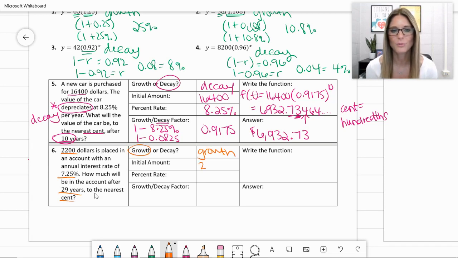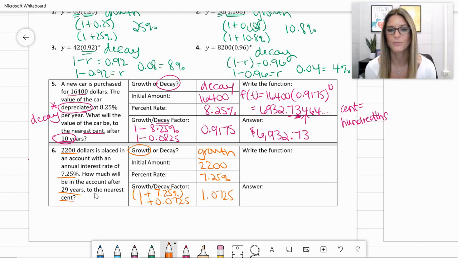Our initial amount, $2,200, with a percentage rate of 7.25%. Now this is growth, so I'm going to do 1 plus the 7.25%, but change it to a decimal. 1 plus 0.0725 gives us a growth factor of 1.0725.